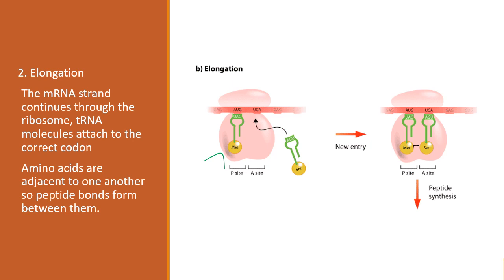When they do that, this tRNA is going to break off and leave its amino acid behind. Then the whole thing will scooch over to allow a new tRNA to enter in. Now, I know this doesn't make a whole lot of sense looking at this right now, so I'm going to show you a bunch of animations that kind of explain how this works.